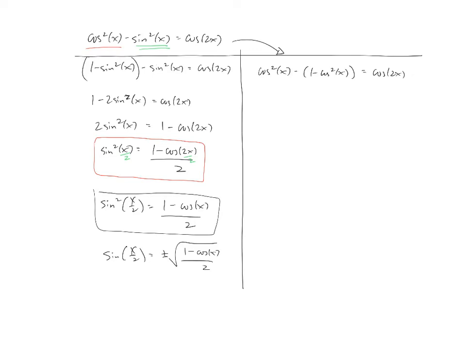If I distribute and clean things up here, I'll get 2 cosine squared x minus 1 equals cosine of 2x, which then tells me that 2 cosine squared x equals 1 plus cosine 2x. When we divide by 2, we end up with 1 plus cosine 2x over 2 is equal to cosine squared x.